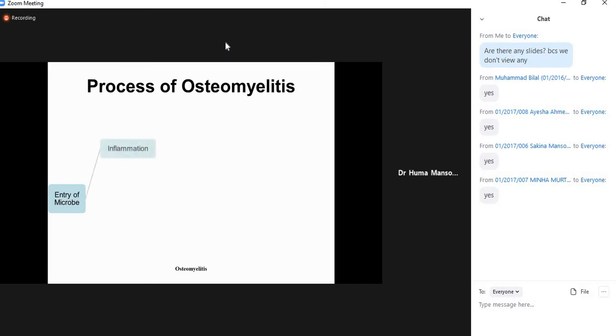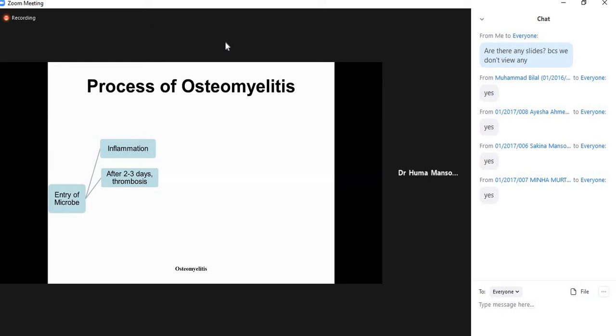So the microbe gains entry into the bone or the joint, leading to inflammation. And when we talk about inflammation, it means neutrophils, lymphocytes, eosinophils and monocytes, mostly the neutrophils and monocytes, have been recruited over there and have started secreting their mediators.